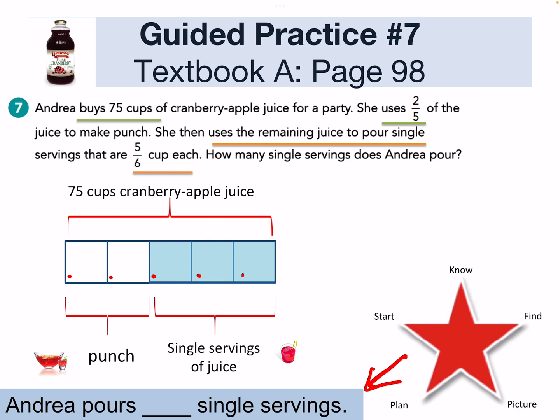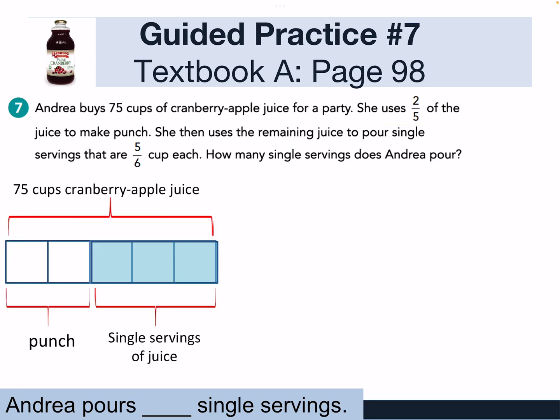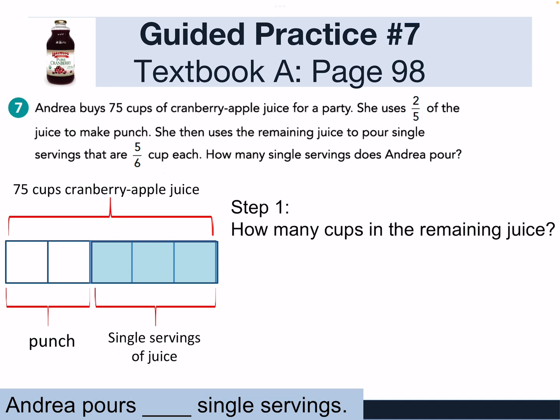So we need to find out how many 5/6 are in this 3/5 that's left. Okay, so step 1 is going to be how many cups are in the remaining juice. And there are a few ways to do that.